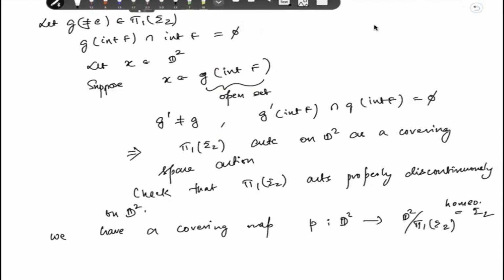In fact, this idea you can extend for any closed orientable surface of genus g where g is greater than or equal to 2. So let me write down that thing as a theorem. This is mainly due to Poincaré.